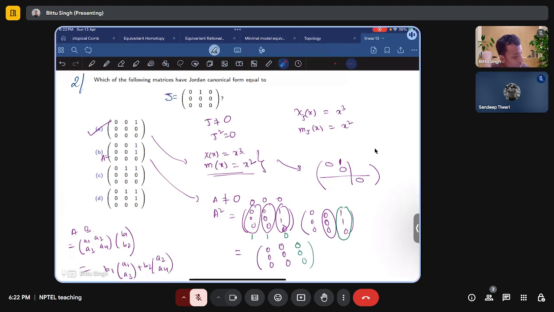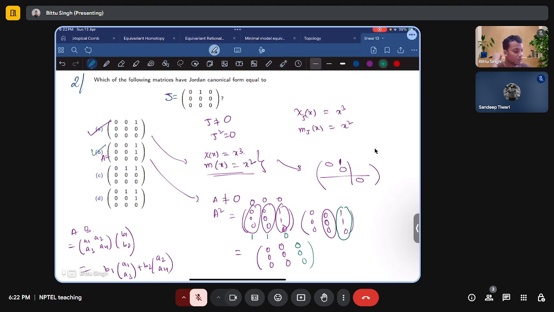So from here we are getting exactly the same thing. That is, the characteristic polynomial is x cube, the minimal polynomial is x square. Therefore, all eigenvalues are 0, and mx is x square. Minimal polynomial x square means the largest block is 2 by 2. Therefore, we will get the same Jordan form. So this is also true.